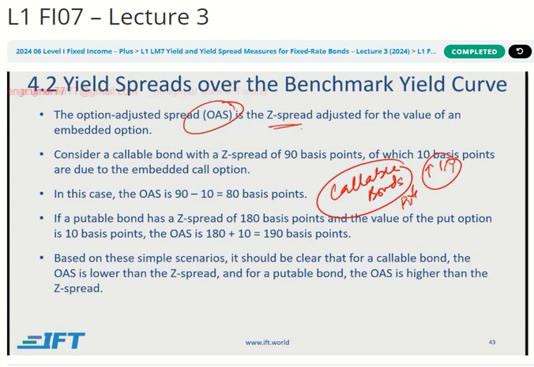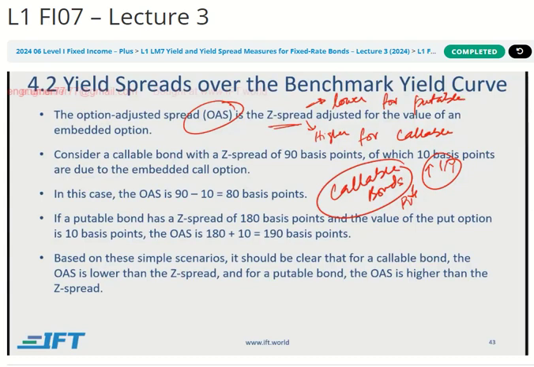So the Z spread will be higher for callable because you as the investor would want a higher return, so you would want a higher spread over and above the benchmark, right? And Z spread would be lower for puttable bonds because if it's puttable, you have the right as the investor to put it back and take your money back before maturity. So then obviously your return will be less. You will have to pay a higher price for that type of a premium bond.